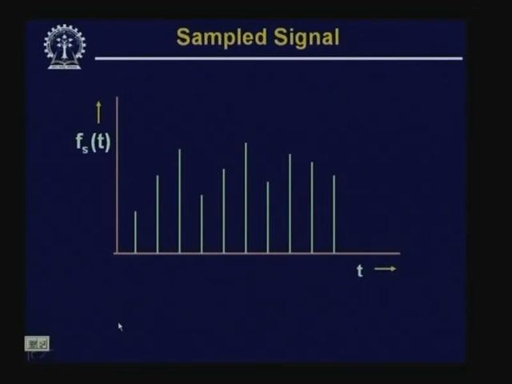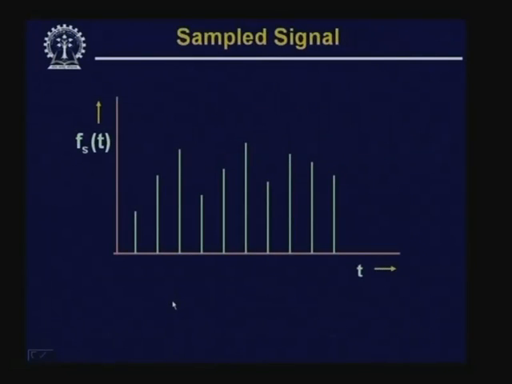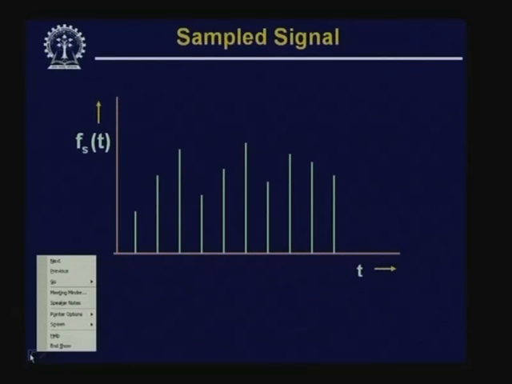we have a one dimensional signal f(t), a function of t, and after sampling we have got the sampled signal f_s(t). After sampling, what we have got are the sample values represented by f_s(t).